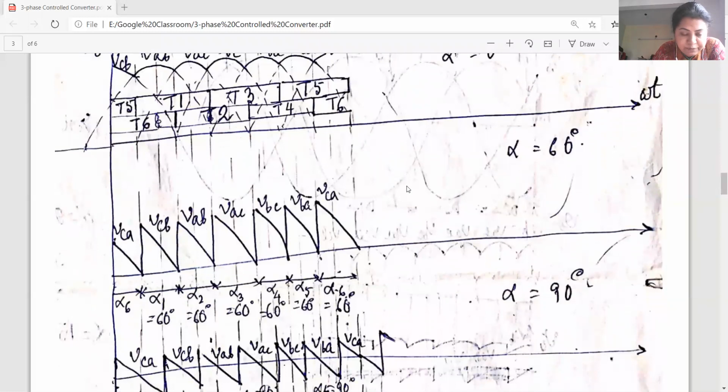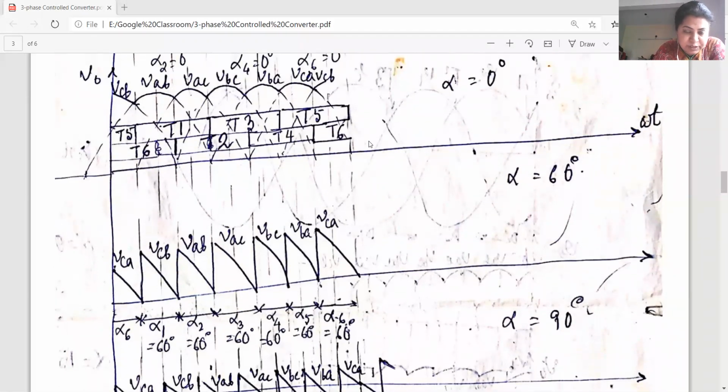Now this is for alpha equal to 60 degree. To obtain the output voltage for alpha equal to 60 degree, first of all, you complete these half waveforms. This half cycle you complete by dotted lines, like VAB you have drawn here. For VAC also similarly you complete by dotted lines, VBC by dotted lines, and so on.